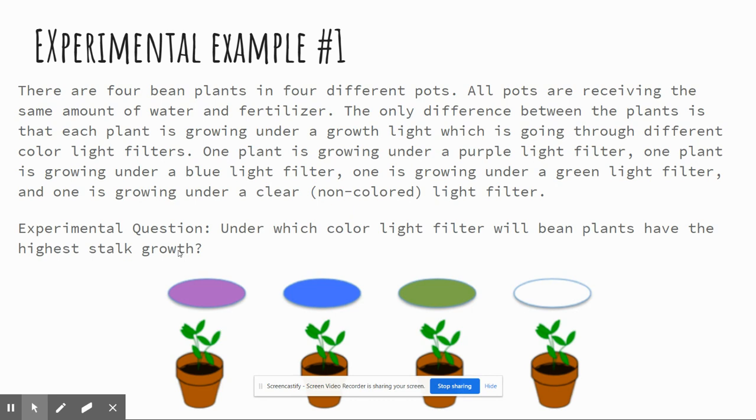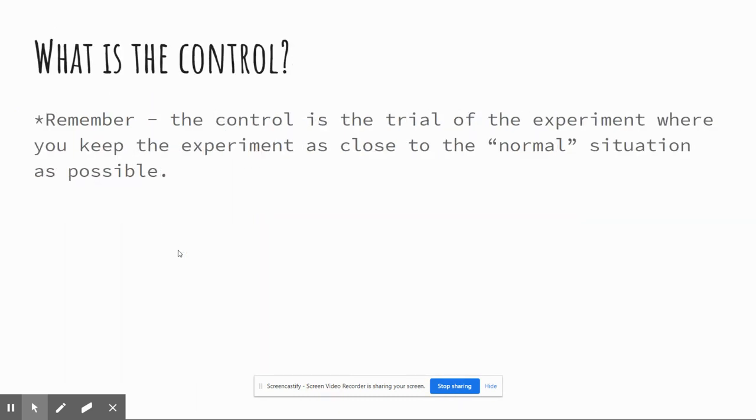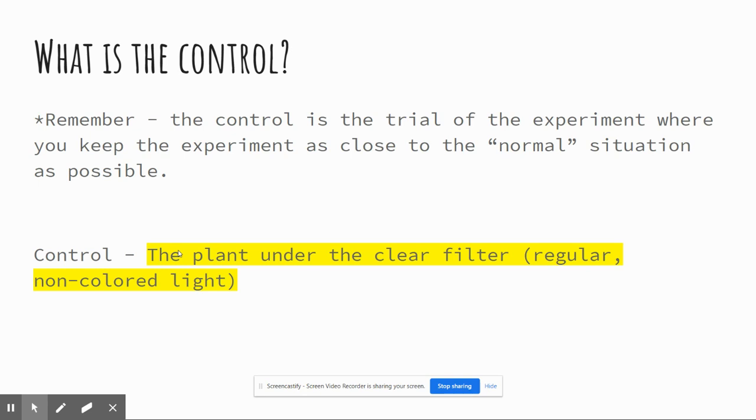No. Do we normally grow them under a green light? No. Do we normally put them through a clear filter or just regular colored light? Yes. So that would be our control. It's the as close to normal plant as possible. So our control is going to be the plant that's growing under this clear filter because it's getting regular non-colored light.